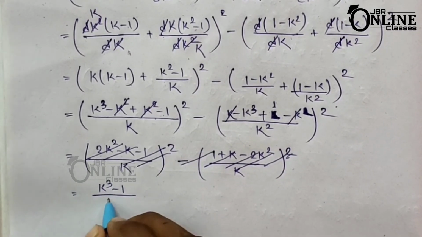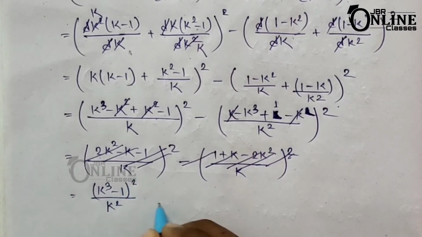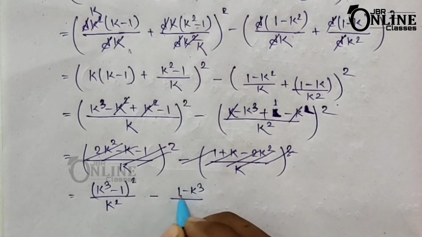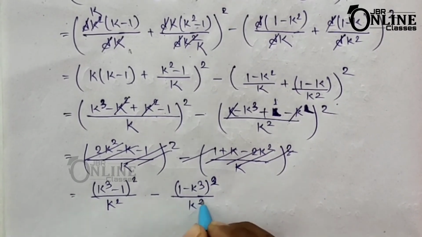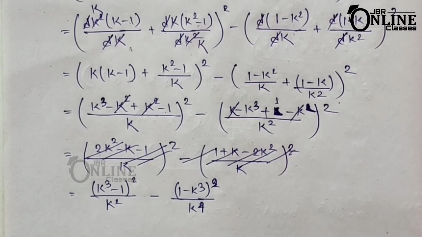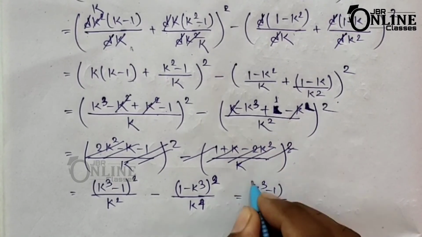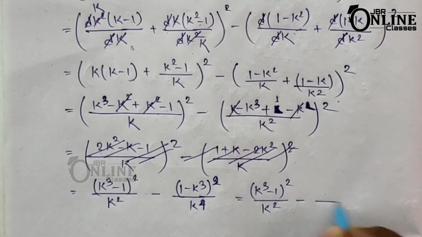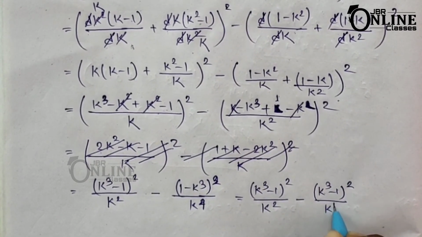Here k cancels out, k square cancels out, so you will get k cube minus 1 by k square, whole square, and here you will get 1 minus k cube, whole square by k to the power 4. In the first one, k cube minus 1 whole square by k square, and if you change the sign, it will also be k cube minus 1 whole square by k to the power 4.